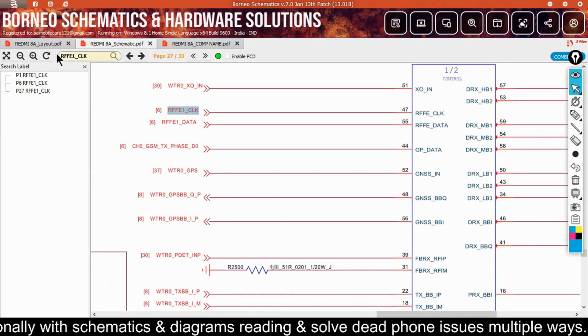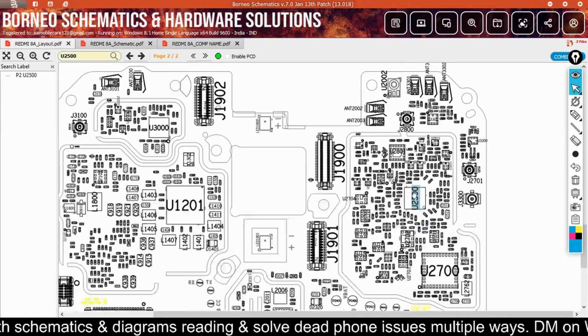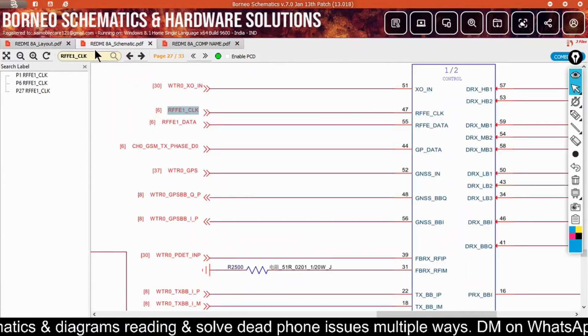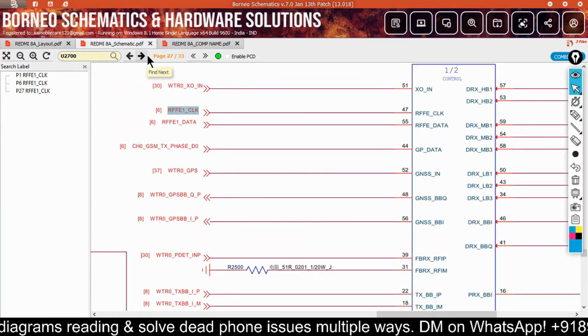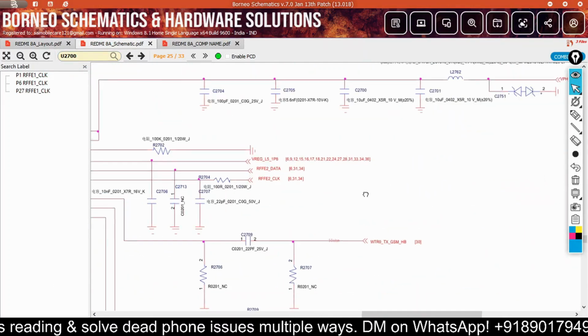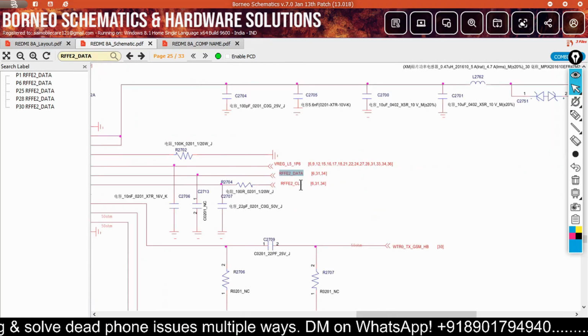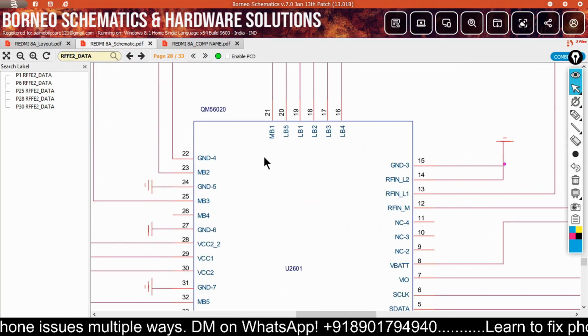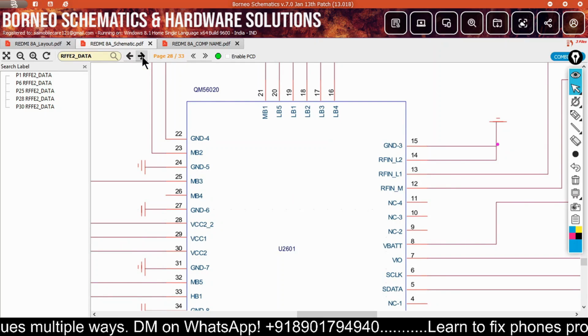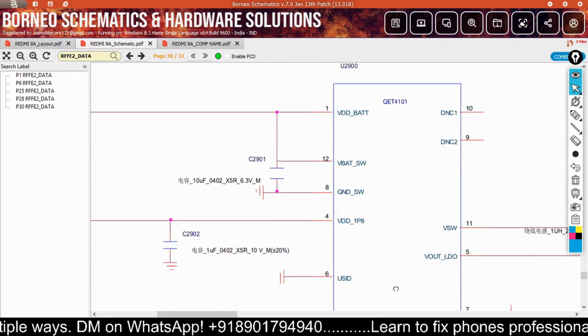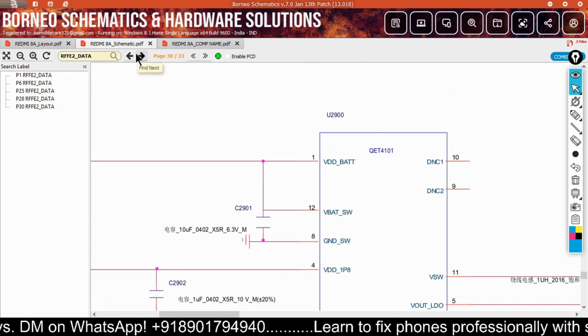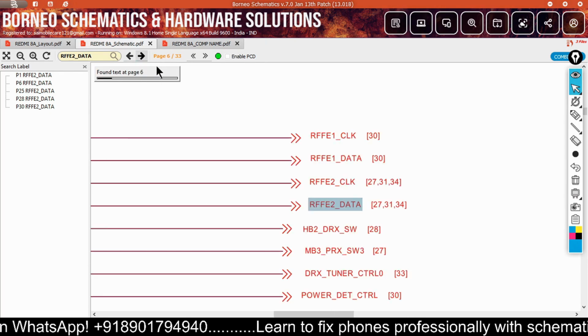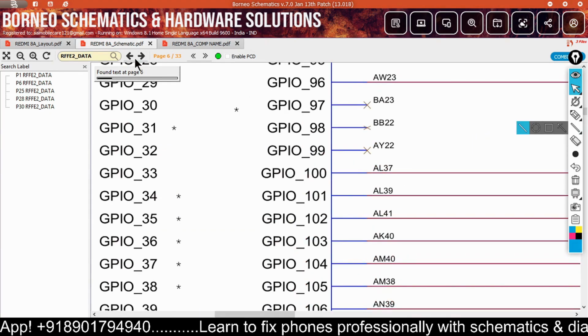So we go to the layout and the 2GPA. First we show you the 2GPA. There are RFFE lines, RFFE clock and data, connected to this one, which is our 4GPA before the 2GPA, and this one is your APT IC, clear? And this line is connected to the GPIO section.